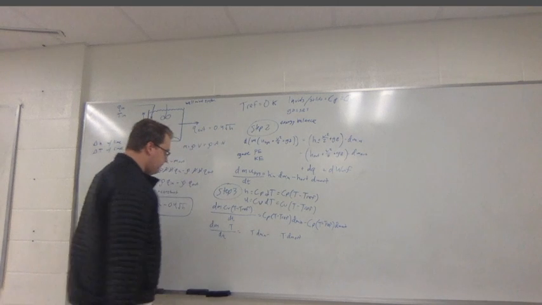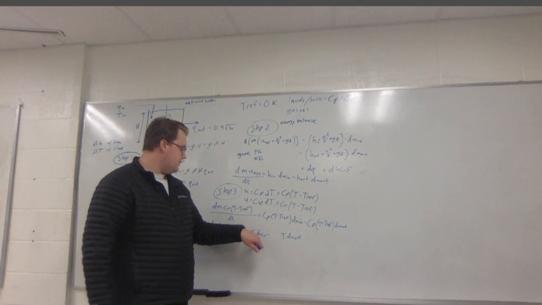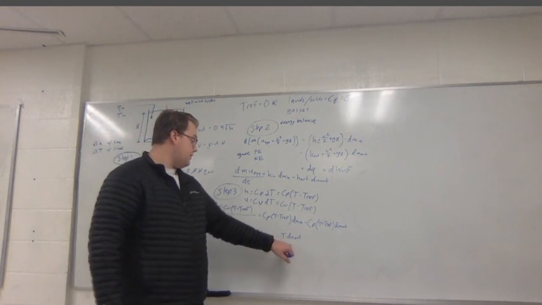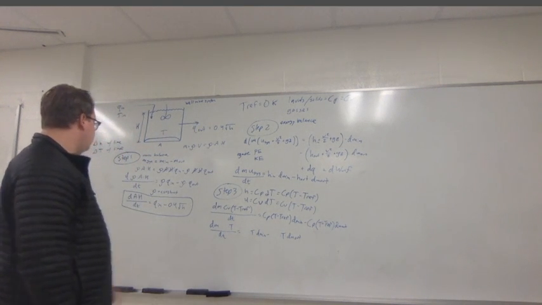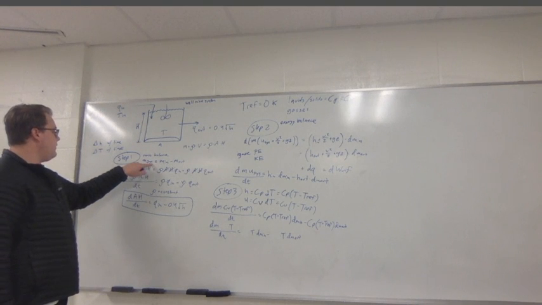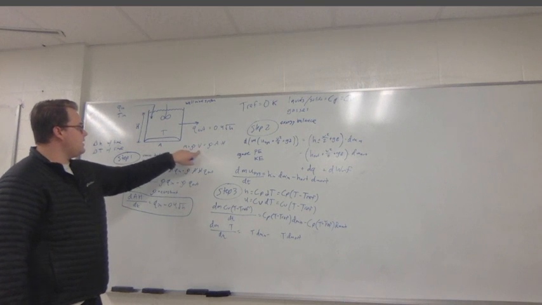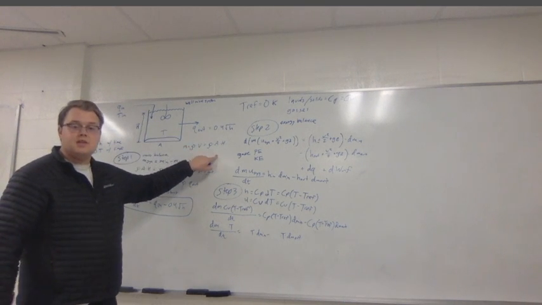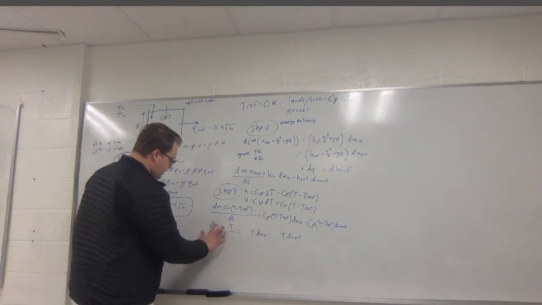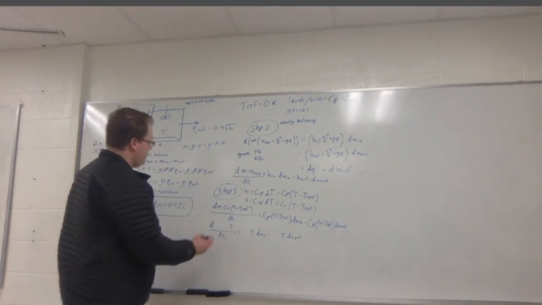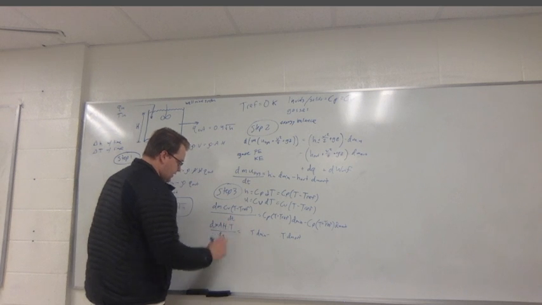So I'm left with only change in mass times temperature with respect to time is equal to temperature times mass in minus temperature times change in mass out. Well, just like I did here, I know that the mass of my system is equal to mass in minus mass out. And mass is density times volume, but in this case, density times cross-sectional area of the reactor times height. So I can do the same thing and say this is density times area times height times temperature.